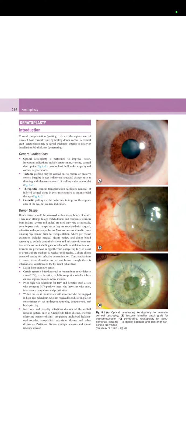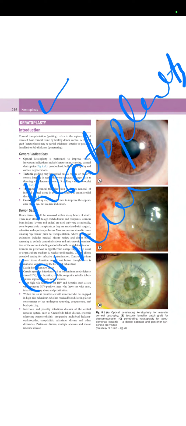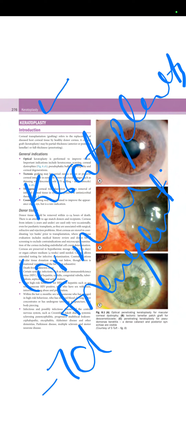So in this part we are going to discuss keratoplasty. So what is basically a keratoplasty? A keratoplasty means cornea transplant. Basically, when you replace a diseased cornea with a healthy donor cornea, it is called a corneal transplant.